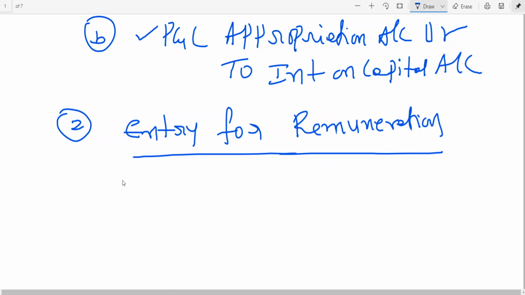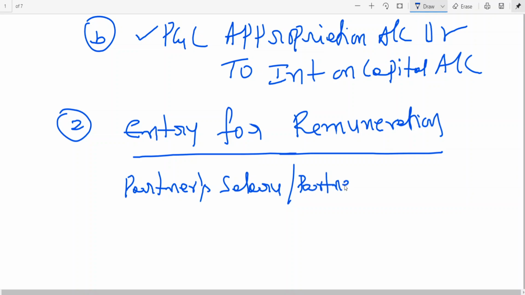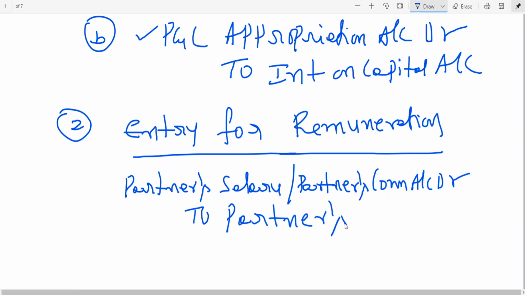If you look at the entry for that, salary or commission account debit, to partners capital account or current account, which we will be learning in today's class. This is A.